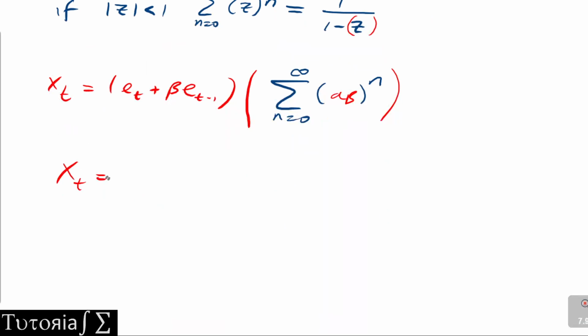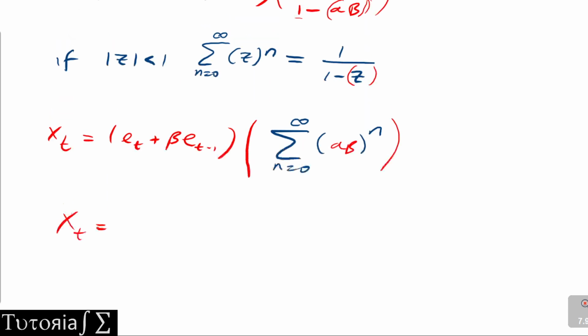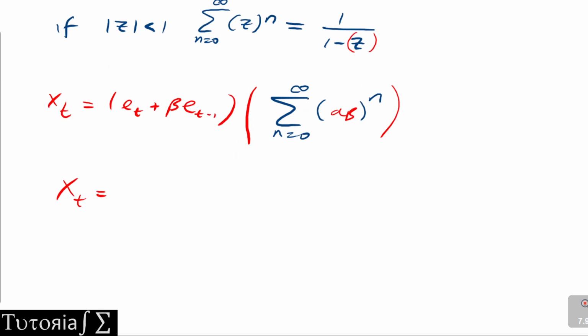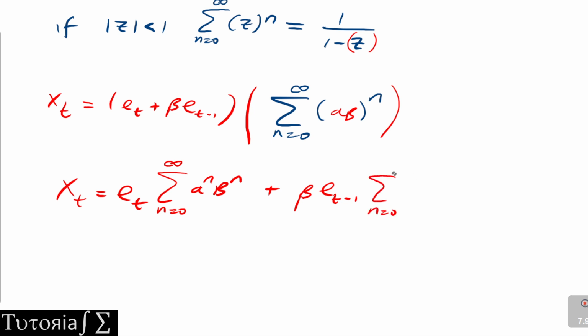So xt is equal to et multiplied by the sum from 0 to infinity of a to the power n, b to the power n, plus this times that, which will be beta et minus 1 times the sum from 0 to infinity of a to the power n, b to the power n.